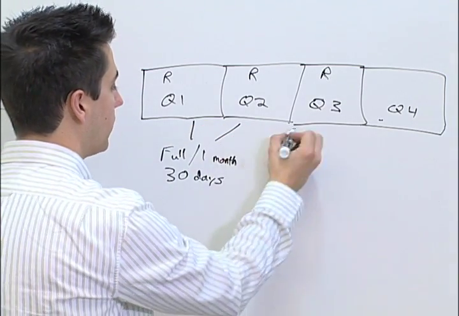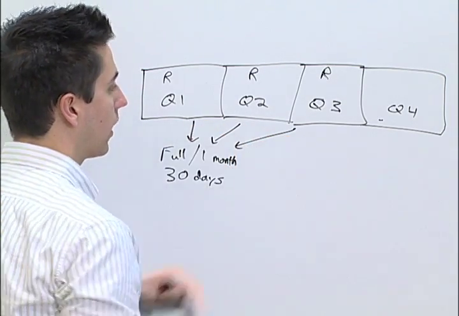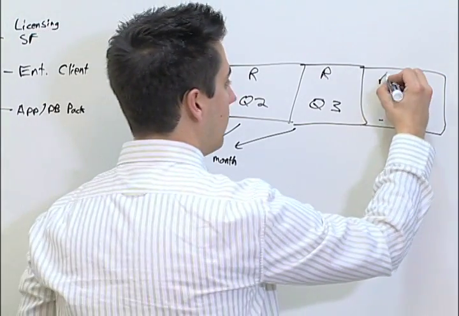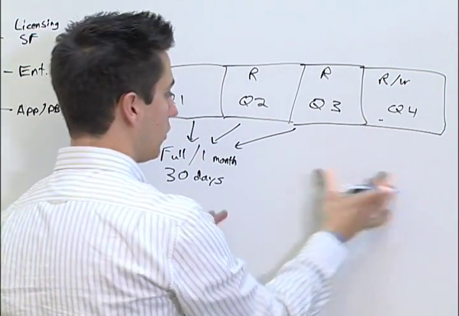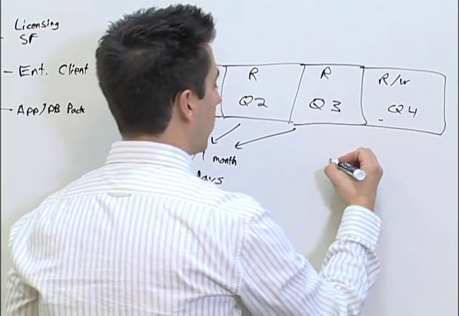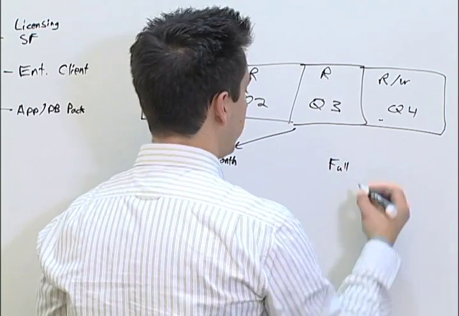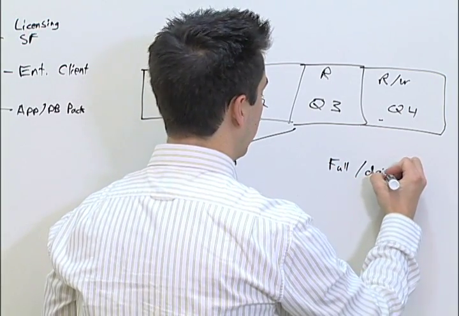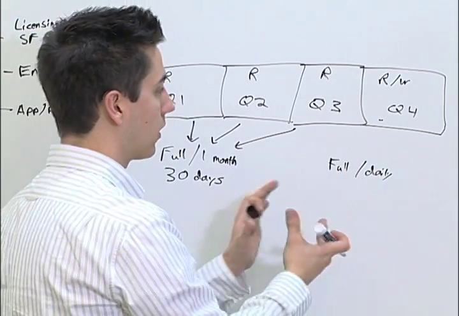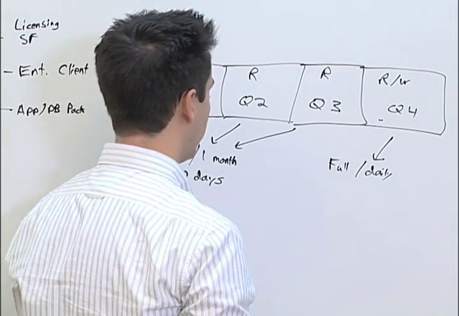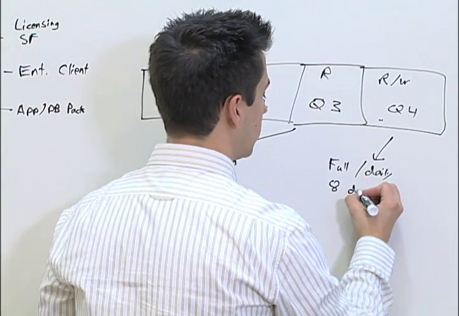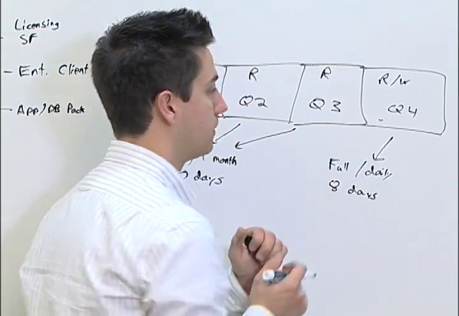So you can do those for these type of backups, whereas your Q4 here is read-write. It's changing very frequently, so you set up a separate schedule where you're still doing full backups, but maybe you're doing them now daily or weekly or some shorter basis, and you're sending these here to have a shorter retention because you're doing them more often.